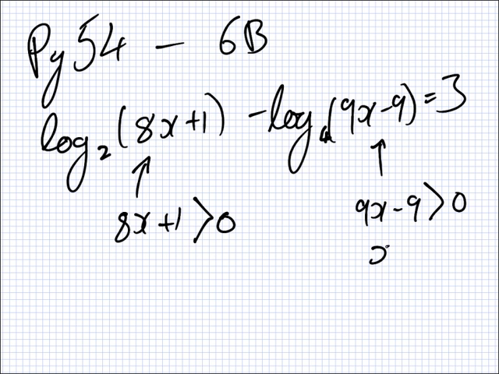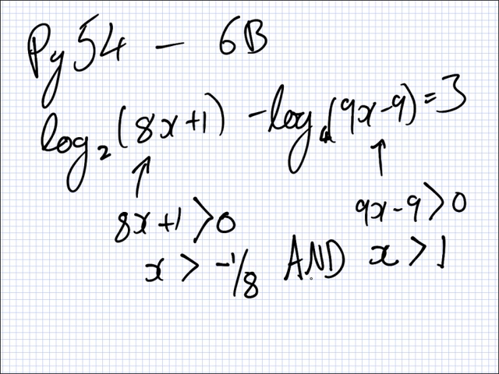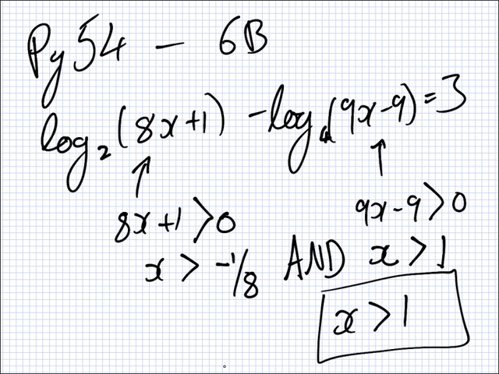So x must be more than 1, and here x must be more than minus 1 over 8. The connection here is an 'and', so x must be more than 1. So we know that our answer must be more than 1.